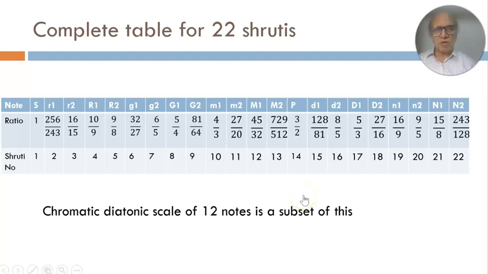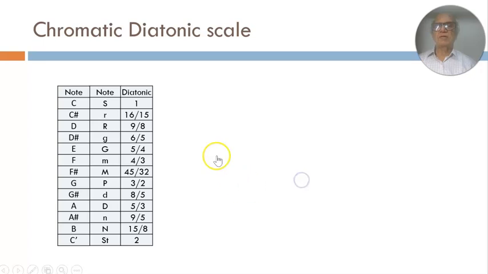Whichever is the ratio of smaller integers, that you will take. When you do that, you get your chromatic diatonic scale. So that is 1, 16 by 15, 9 by 8, 6 by 5, 5 by 4, 4 by 3 and so on. I have shown the Indian notation here and the Western notation here. All right.